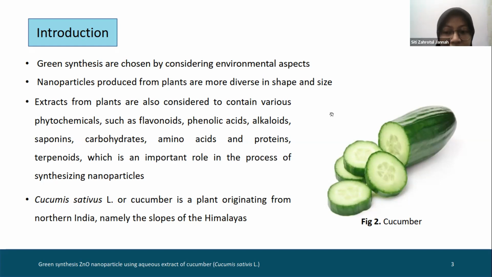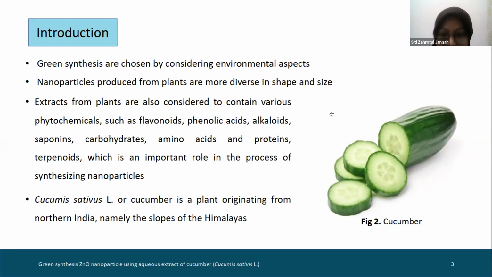The advantage of using nanoparticles for application in the cosmetic sector, considering the environmental aspect, encourages many researchers to choose green synthesis as the method of synthesis.